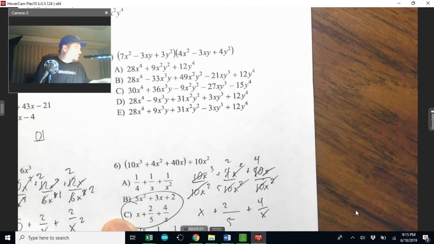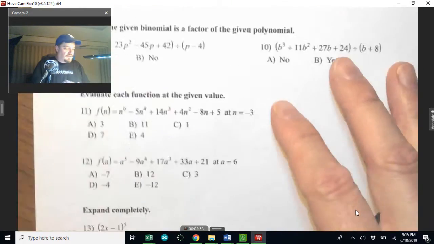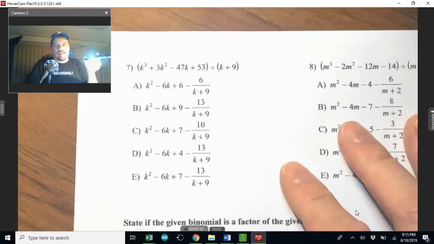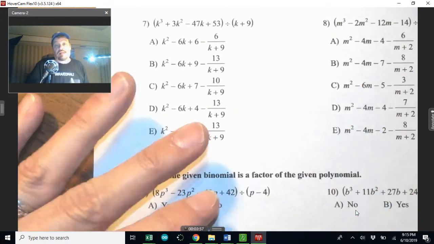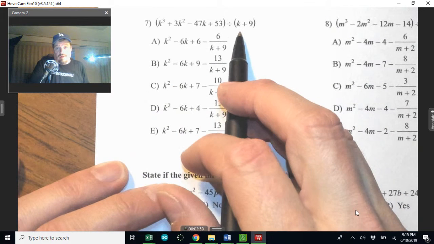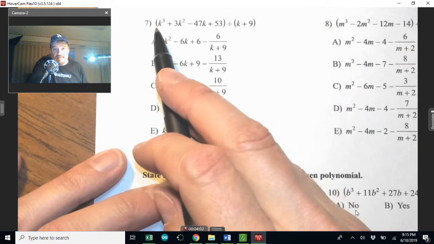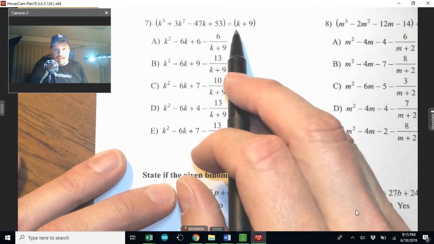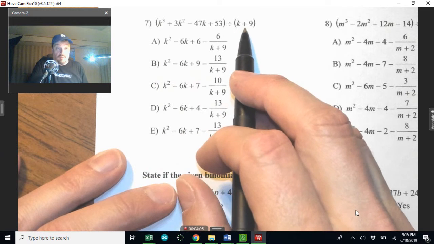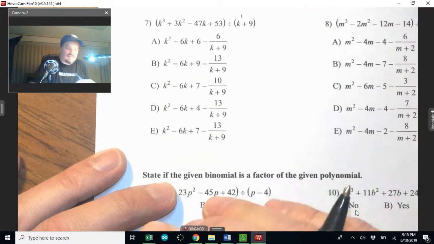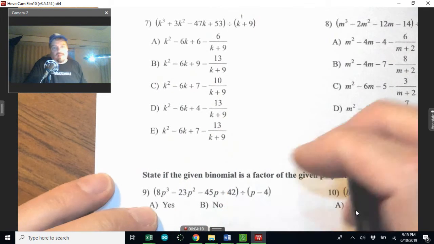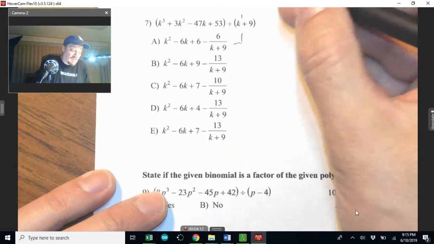All right? Now when you get to the other division, this right here is dealing with synthetic division. All right? So what I'm seeing here is I'm dividing this cubic polynomial by a binomial, a linear binomial. And he's linear because he's k to the first. So this means that I will use synthetic division.